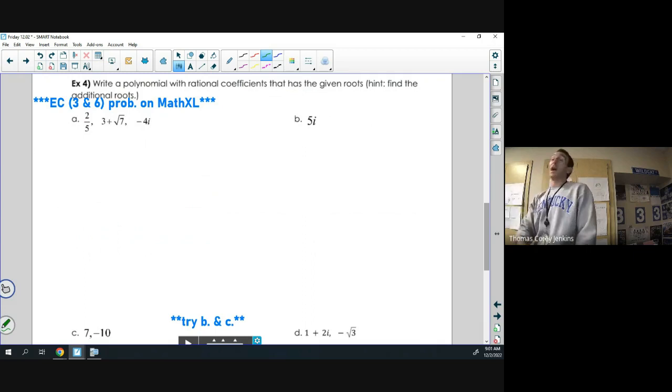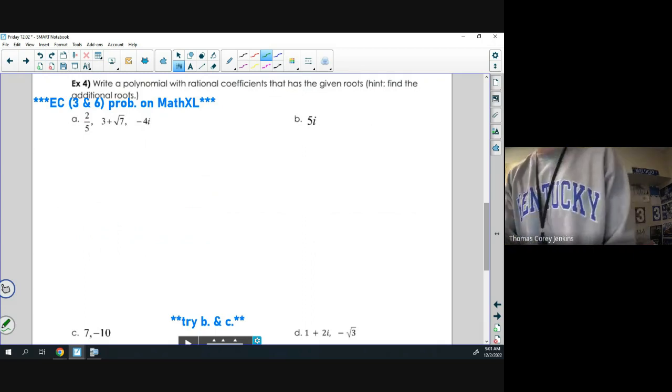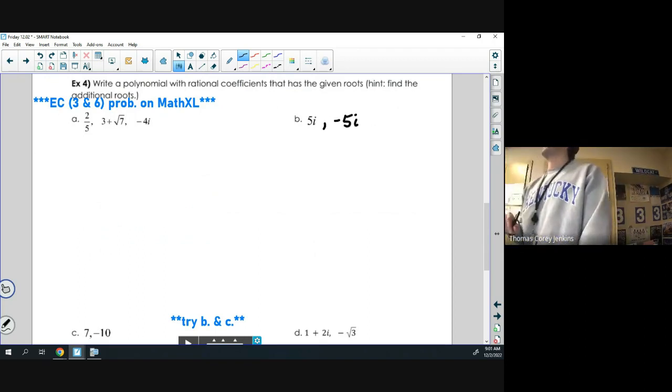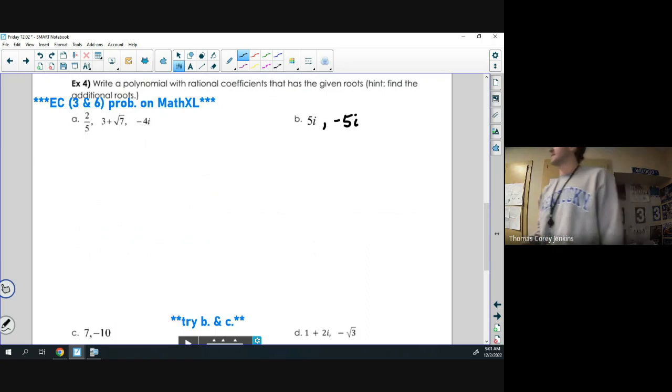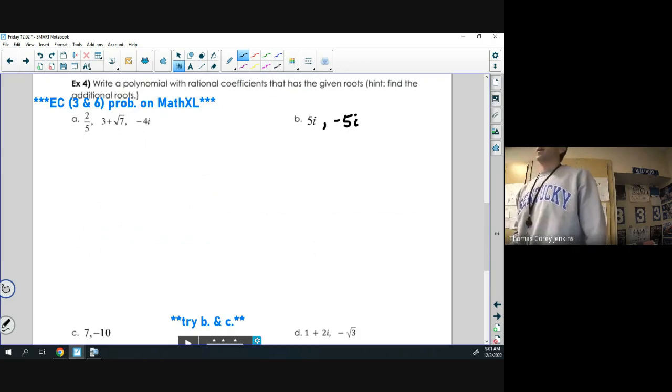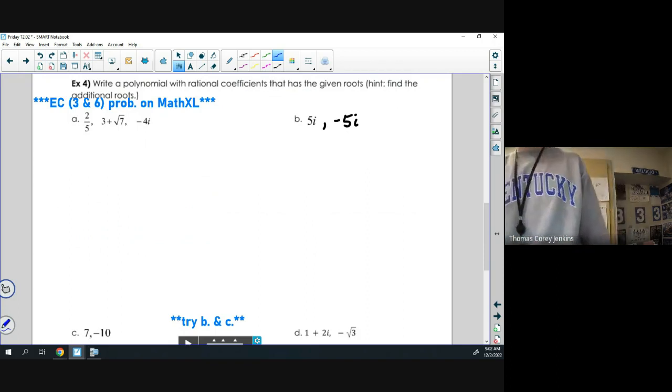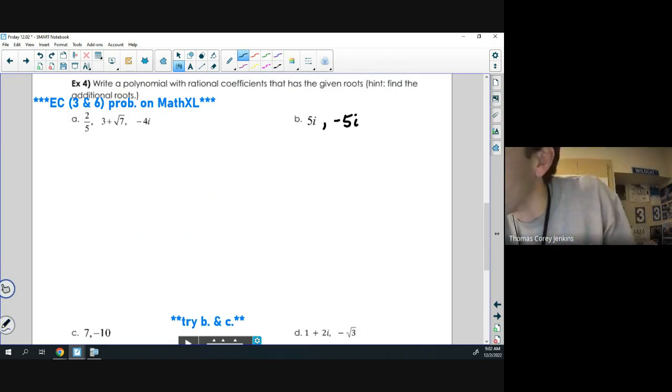It's going to be your job to know that if 5i is a root, then by definition, so is -5i. We can't have a 5i without a -5i. That doesn't make sense, okay? But they're not both going to be listed, right? That's going to be part of the question.